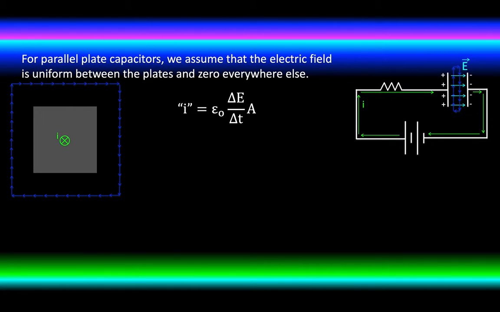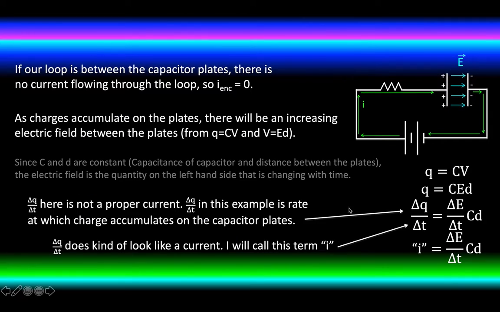So for parallel plate capacitors, we assume that the electric field is 0 everywhere except between the plates. When I work with parallel plate capacitors, we have Q equals CV, V equals ED.